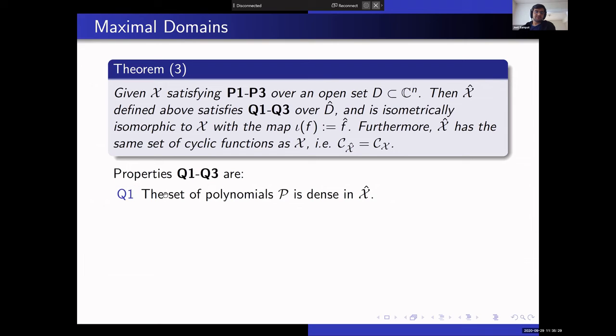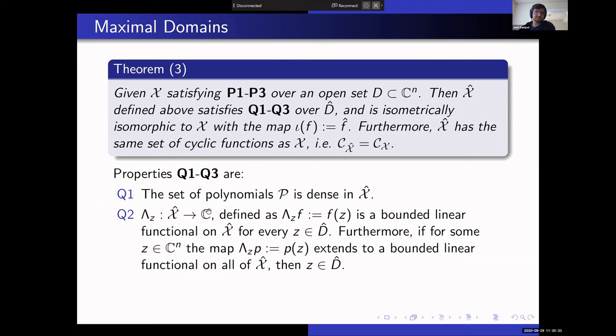So the properties Q1 to Q3 are, first, the set of polynomials is dense, just as before. The second property is where things get a little bit different, but it's not too bad. All the point evaluations are still bounded for every point in D hat. And if for some z in C^n, this point evaluation map on polynomials extends to a bounded linear functional, then z lies inside of D hat.